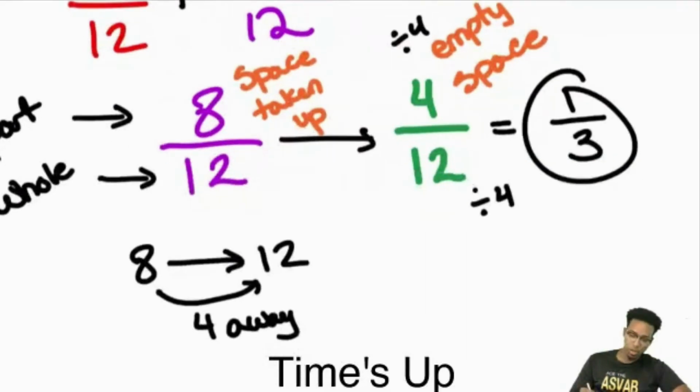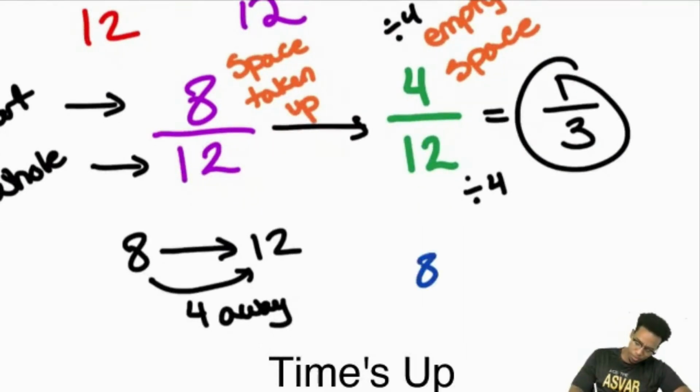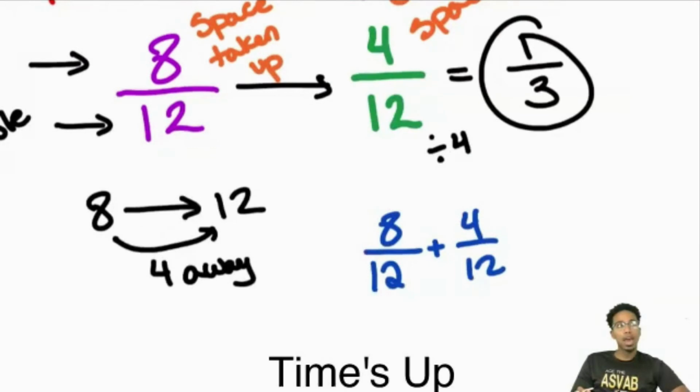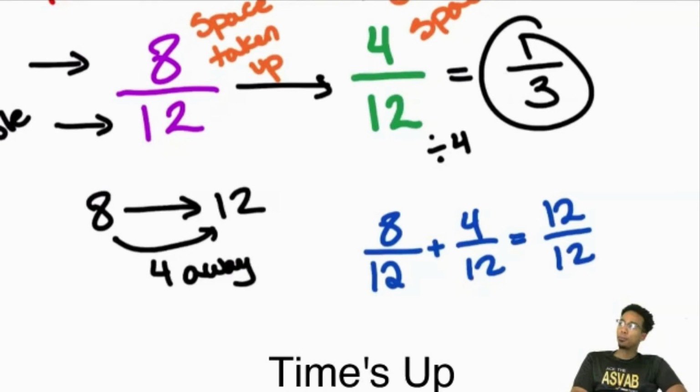I can show you right here too, just to make sure. Think of it like this as well: 8 over 12 plus 4 over 12. If you add 8 out of 12 and 4 out of 12, we get 12 over 12. 12 divided by 12 is 1.